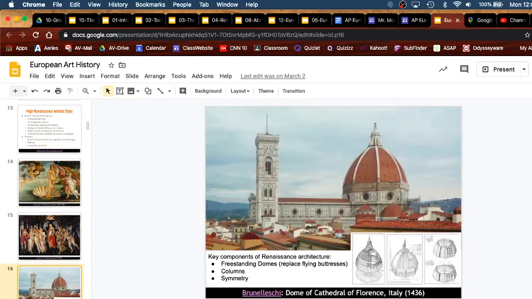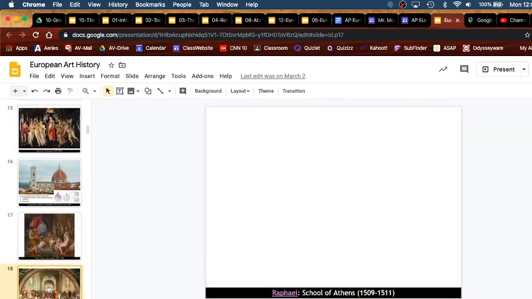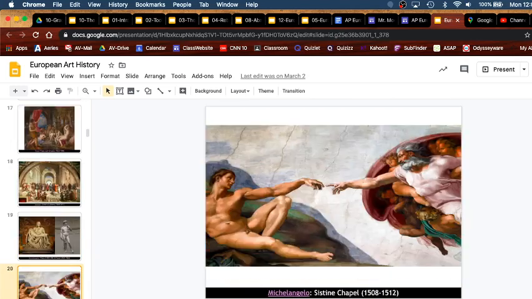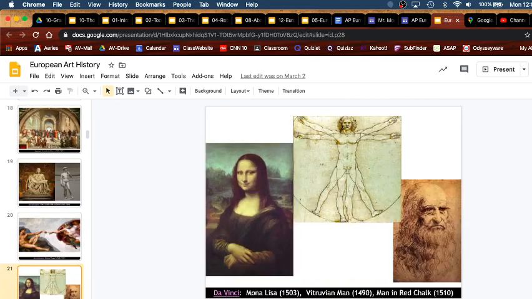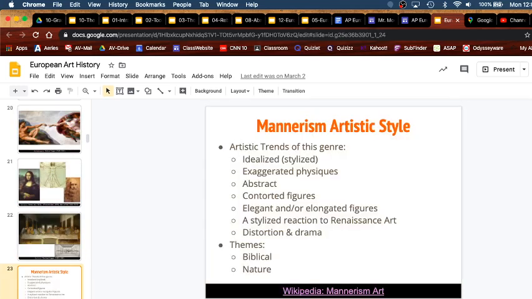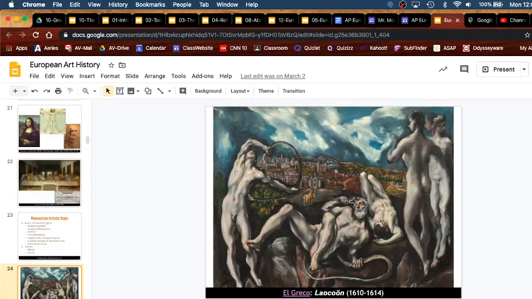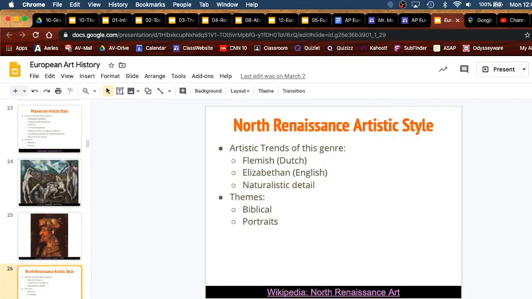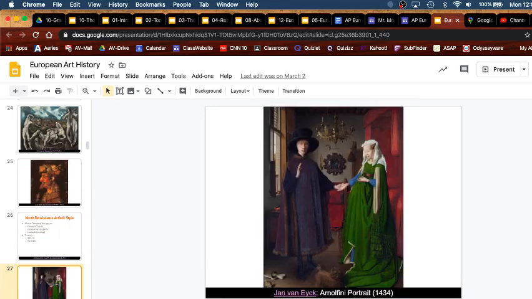And even at the end of the Renaissance, we're going to get into things like mannerism, which is coming up here. That's part of the Renaissance, but also starts to diverge as we get into abstract art and those kinds of things in the Northern Renaissance.